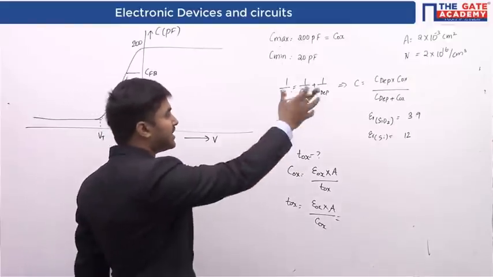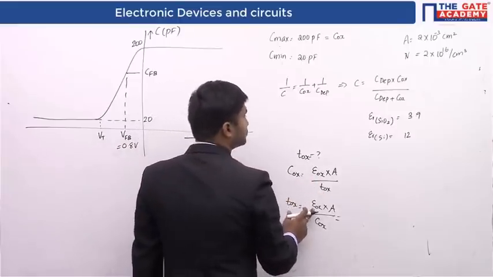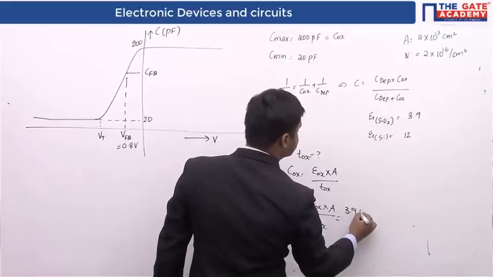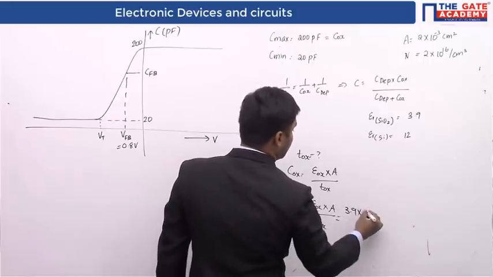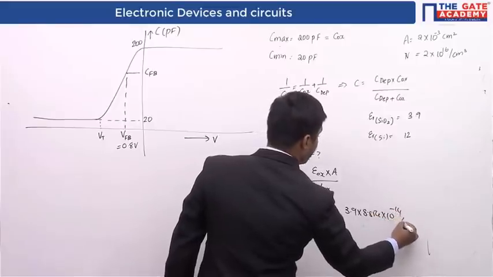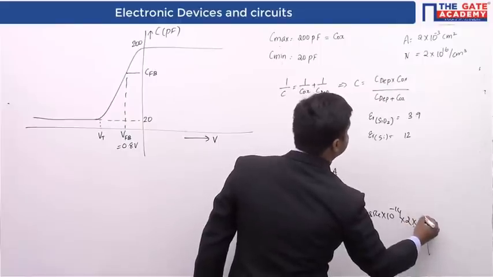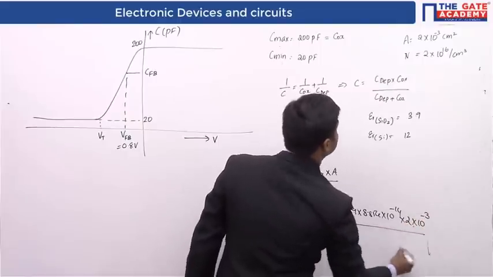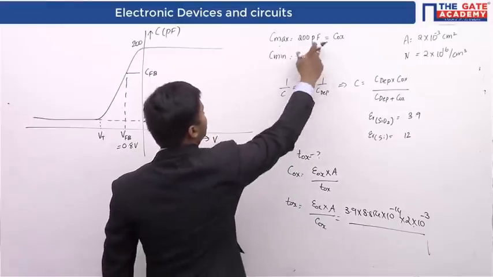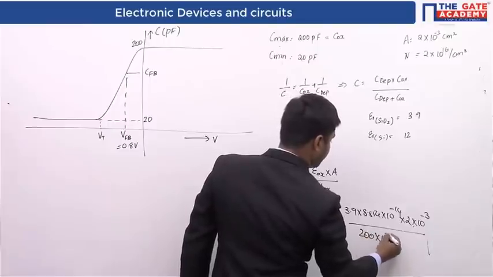But here, because the area is given, they are considering COX to be the oxide capacitance. So epsilon OX is 3.9 into epsilon naught. What is epsilon naught? 8.854 into 10 power minus 14 multiplied by the area of cross section, which is 2 into 10 power minus 3, divided by COX, which is 200 into 10 power minus 12.